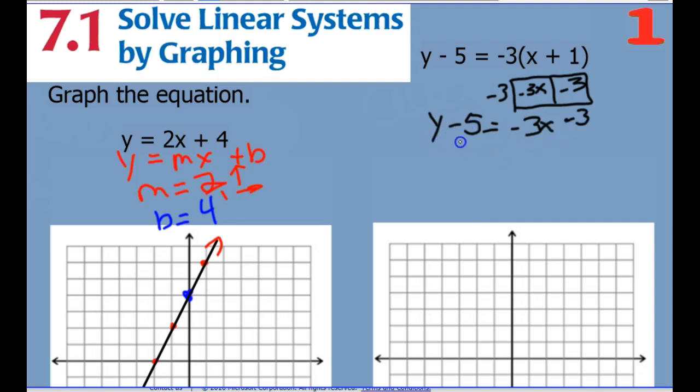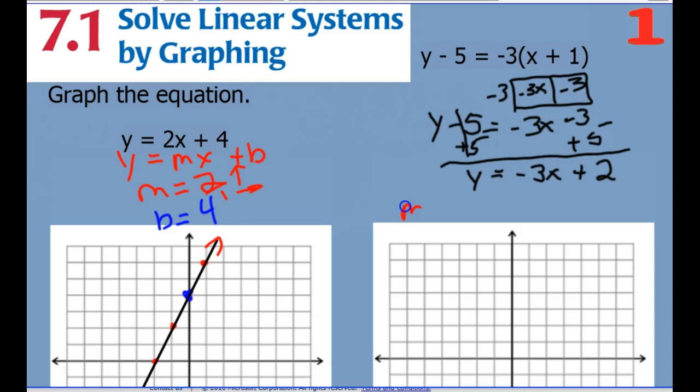Now to get y by itself, we need to add 5. And add 5 over here to the negative 3. So then what we are left with, our 5's cancel, we get y equals negative 3x. Negative 3 plus 5 is positive 2. So negative 3x plus 2.